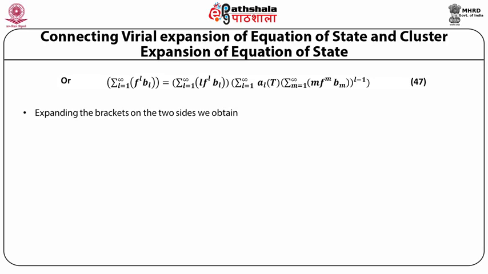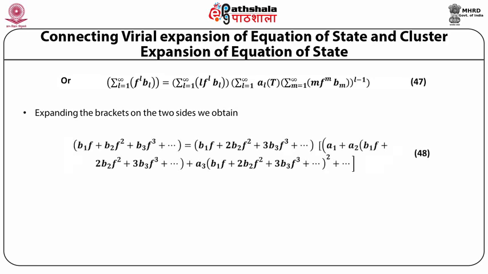Expanding the brackets on the two sides, we obtain b1 f plus b2 f squared plus b3 f cubed is equal to (b1 f plus 2 b2 f squared plus 3 b3 f cubed plus so on) multiplied by (a1 plus a2 into (b1 f plus 2 b2 f squared plus 3 b3 f cubed plus so on) plus a3 into (b1 f plus 2 b2 f squared plus 3 b3 f cubed plus so on) whole square plus so on).